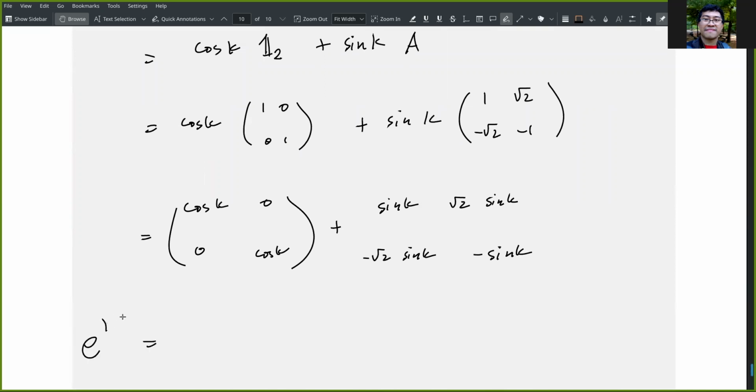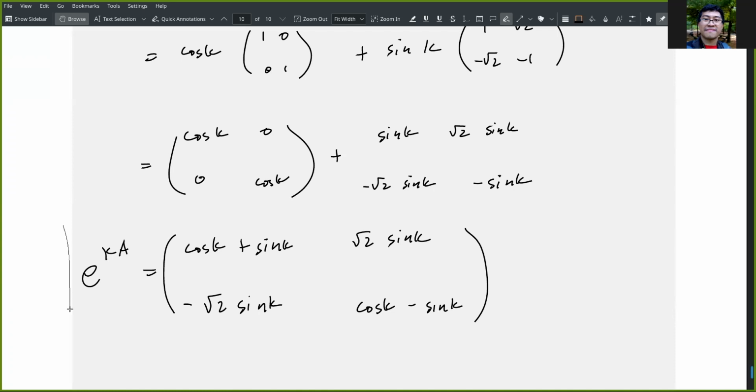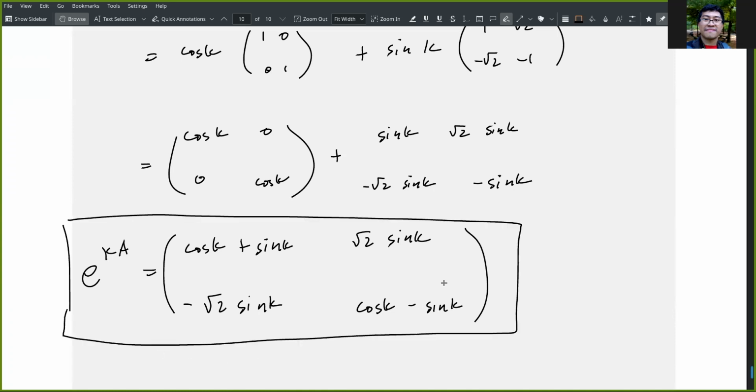So e to the kA is finally cosine k plus sine k, here you have square root of 2 sine k, this is negative square root of 2 sine k, and here cosine k minus sine k. That would be our exponential of the matrix.